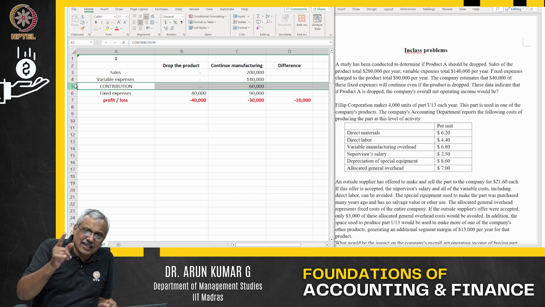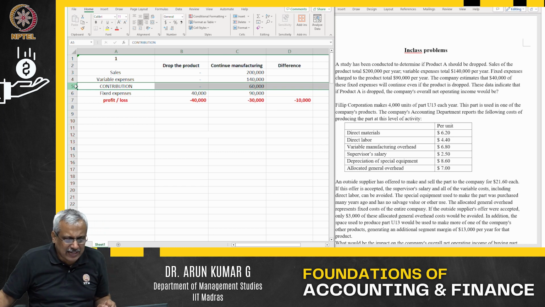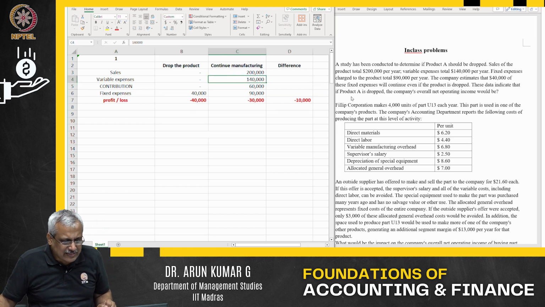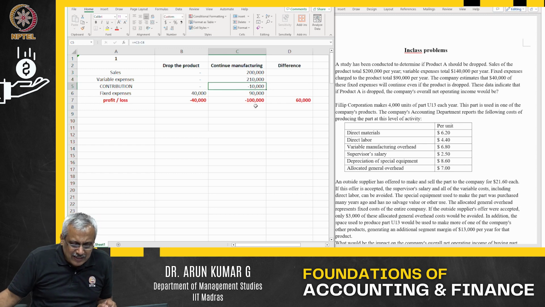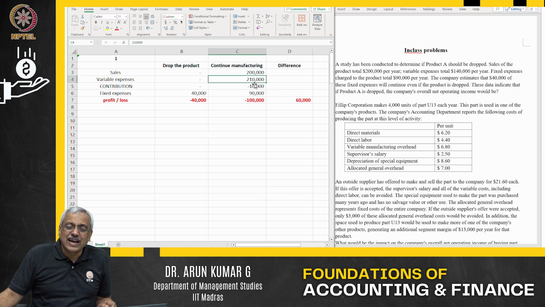Had this product started giving me negative contribution, supposing instead of this, if I say the variable expenditure was 2,10,000, then what happens? My loss increases. As long as this gives a positive contribution and there is a fixed cost also associated with the product, if you drop the product, then you have to compare that.